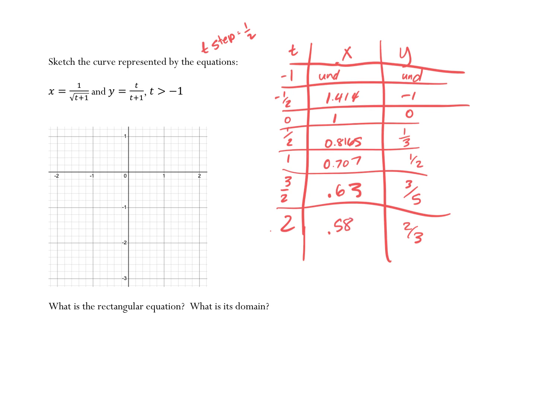Is this what you guys got? All right. So when t equals -1/2, we have the point 1.4, -1. So roughly here, yes? This is good. And then 1, 0.